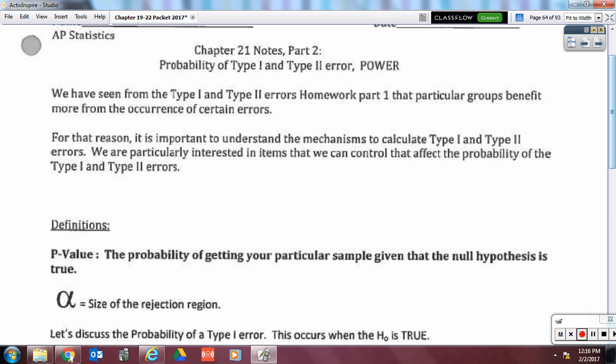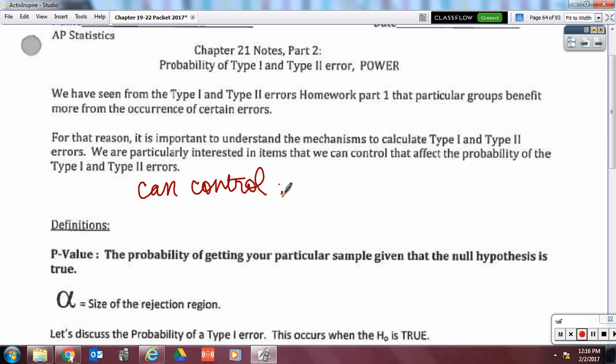Here are things that we can control when we run a test to decide if we're going to reject or fail to reject. What do you, or the person who's ordering the hypothesis test, have control over? In a hypothesis test in general, what kind of things do you specify?